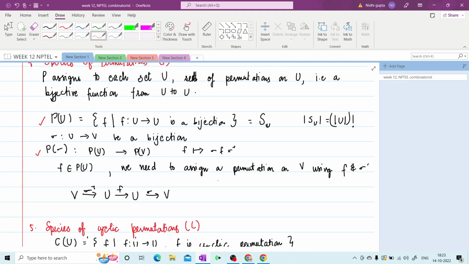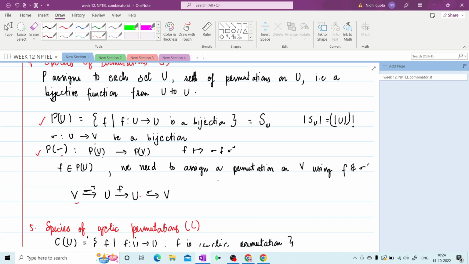So we have a bijection sigma from U to V, and suppose f is a permutation on U. So f is a function from U to U. Now by our definition, P sigma should go from P(U) to P(V). So it should send a permutation on U to a permutation on V. So using sigma and f, we want to construct a bijective function from V to V. We can do it like this.